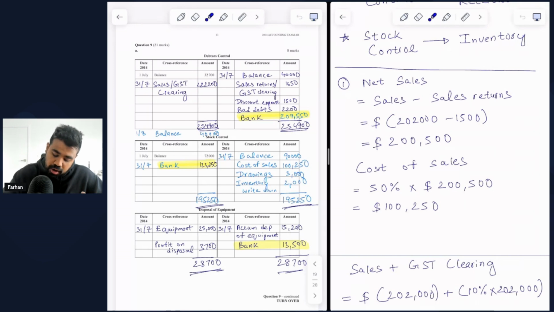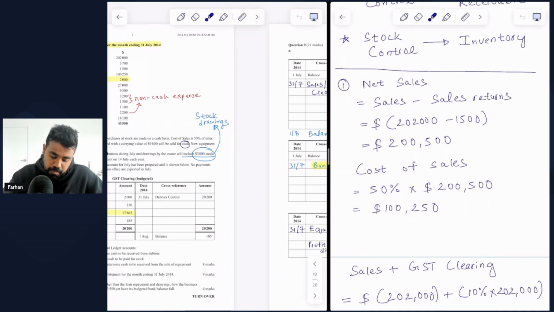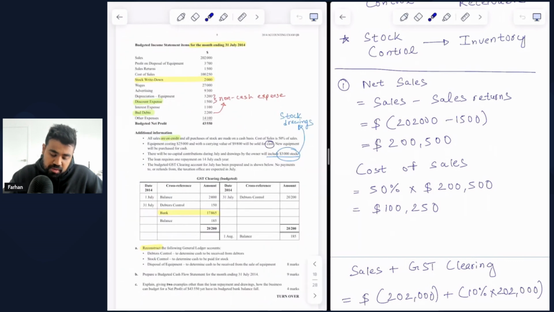Then we have included inventory drawings of $3,000 and inventory write-down of $2,000. The inventory write-down refers to an expense, a non-cash expense. This could be, let's say, because of obsolescence, or let's say that some stock has been left out for so long and now you want to get rid of it at a significantly lower price.